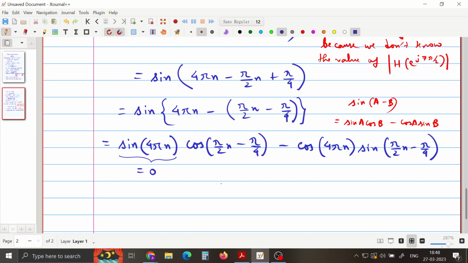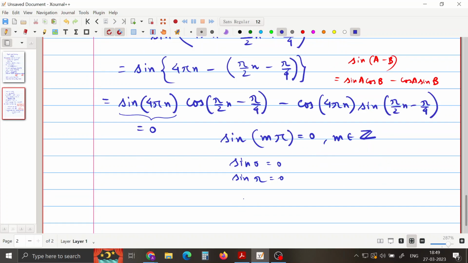In general, sine of any multiple of pi is 0. So when m is an integer, any integer multiple of pi, sine of that angle is 0. You consider sine m pi. For m equals 0, sine 0 is 0. For m equals 1, sine pi is 0.